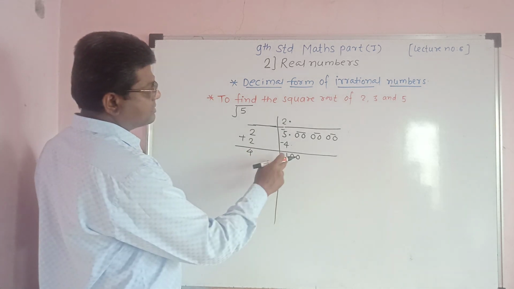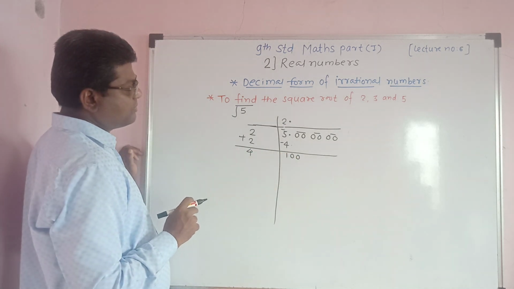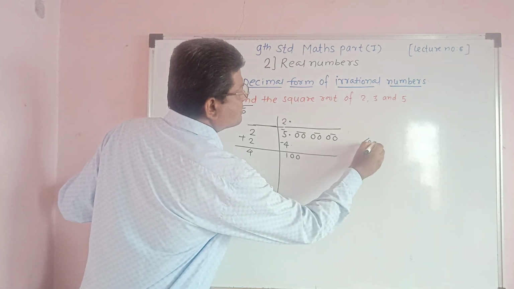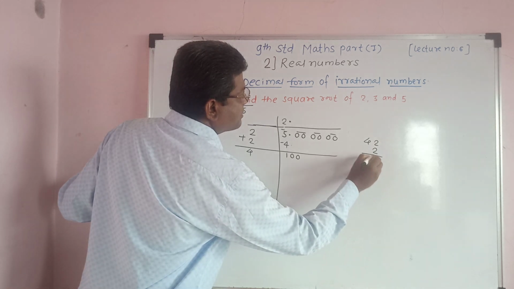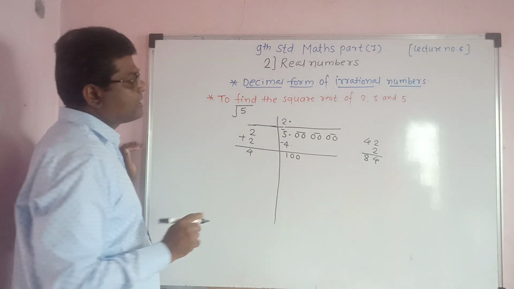For this purpose, divide this 10 by 4. If we divide 10 by 4, we get 2. So we can select here 2 on 4. That will be 2 4s are 8, that number will be 84.